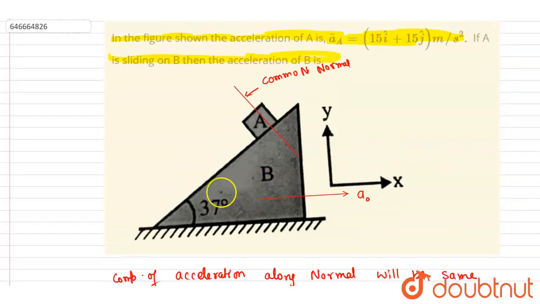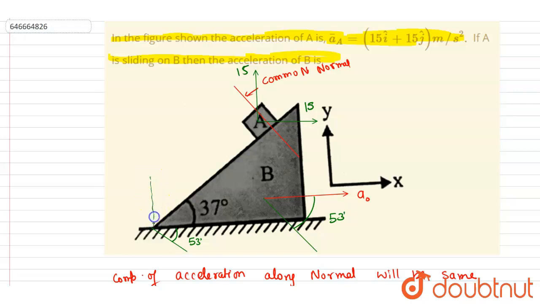If you see this, this direction is the normal direction. This angle is 37, then this angle will be 53. The acceleration of A is 15 in this direction and 15 in this direction, so again you will break it into components.